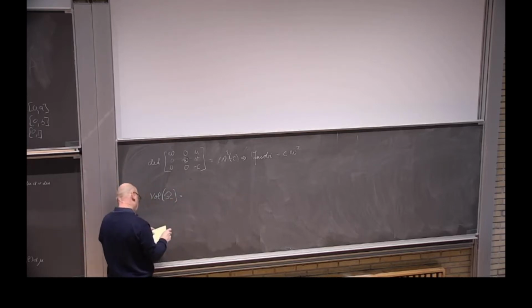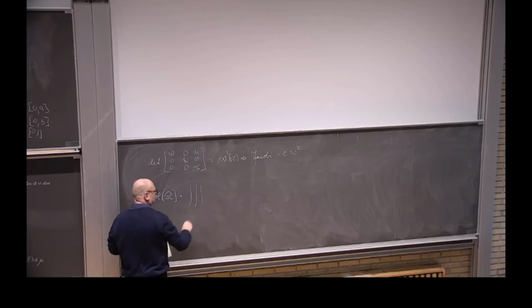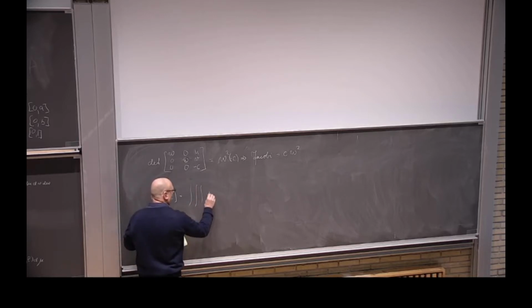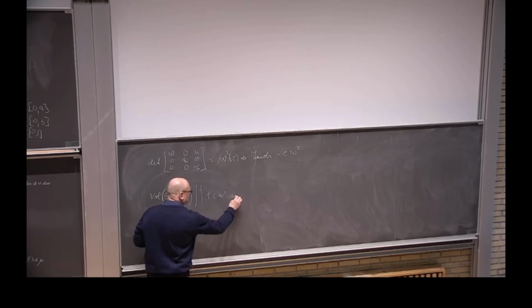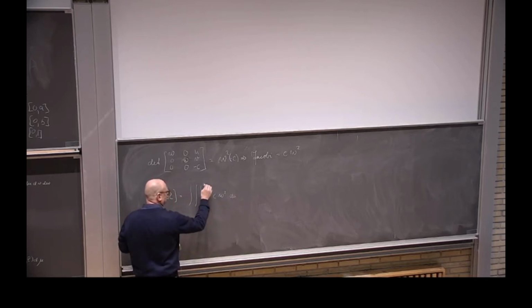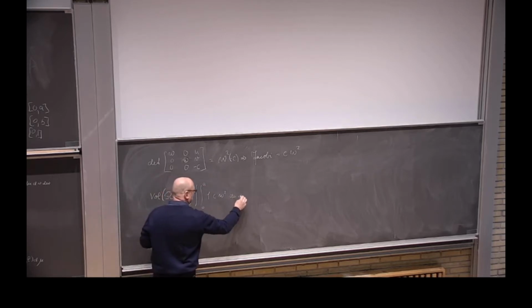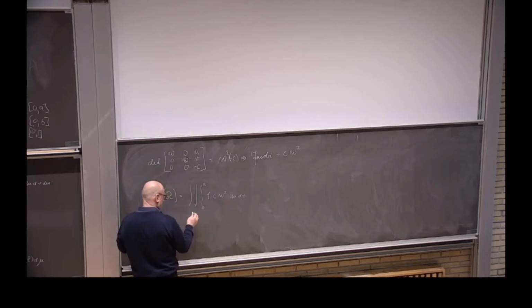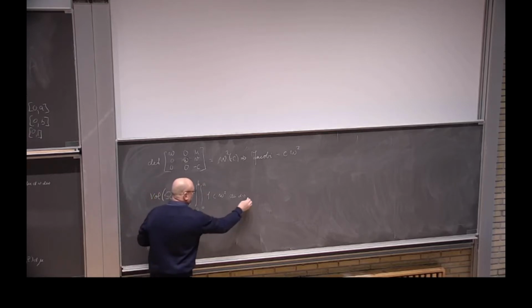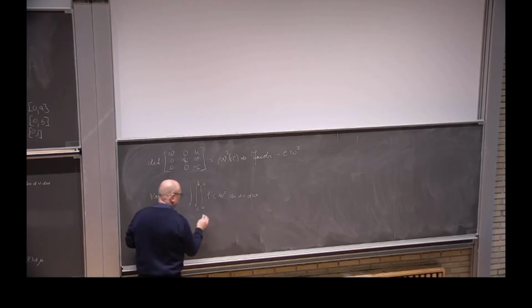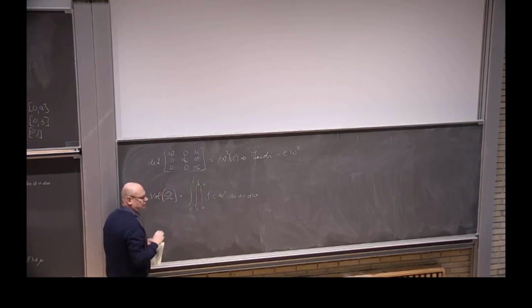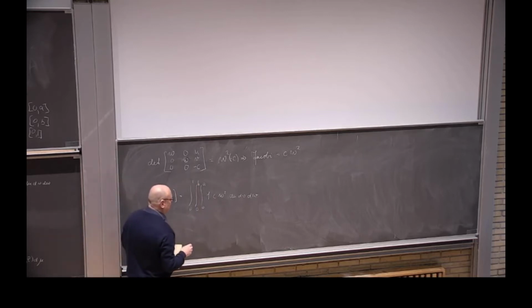So I can calculate the volume. It will be the triple integral of 1, and then I should multiply by the Jacobian. And then I integrate u from 0 to a. I integrate v from 0 to b. And then finally, I integrate W from 0 to 1. C is a constant.